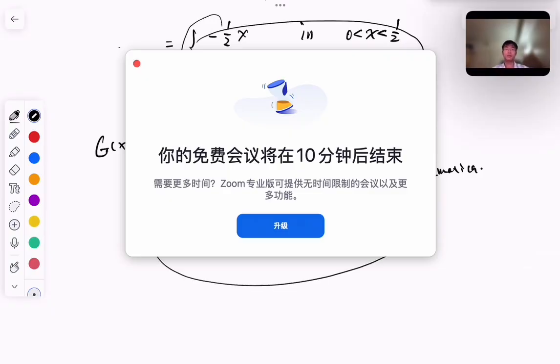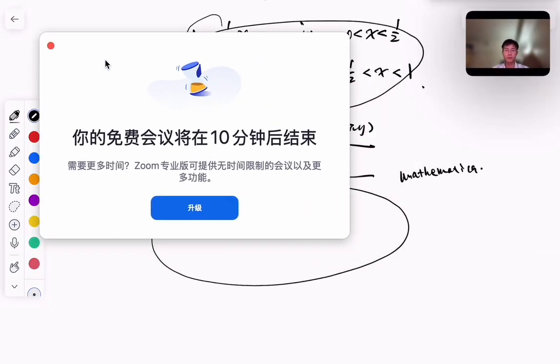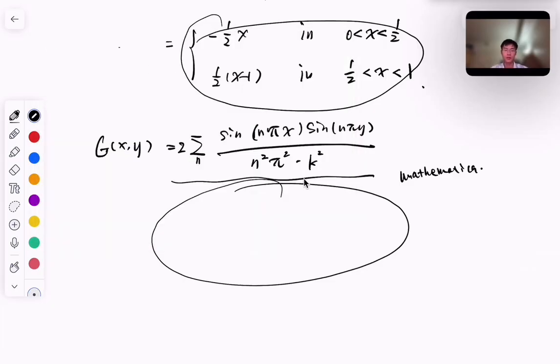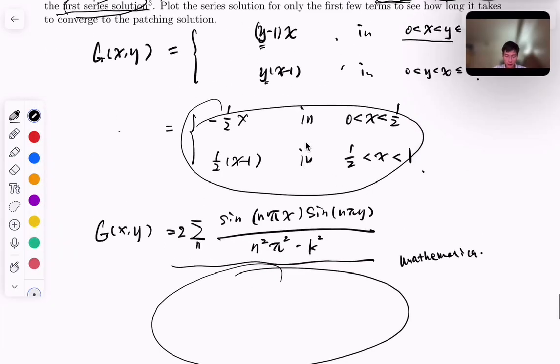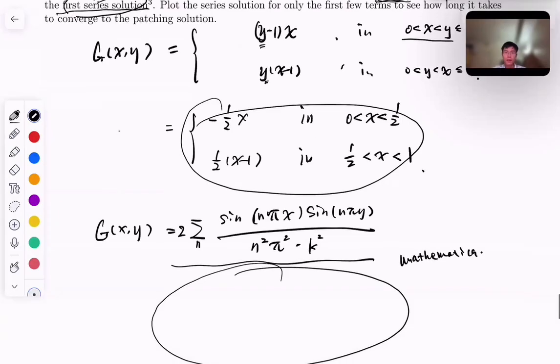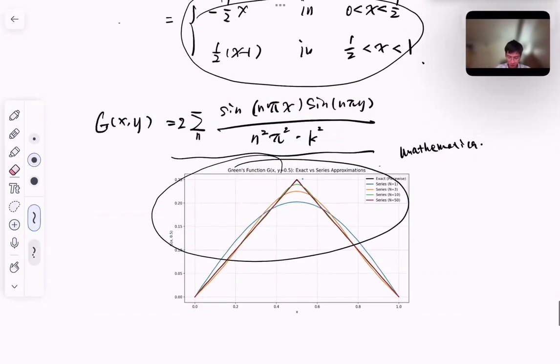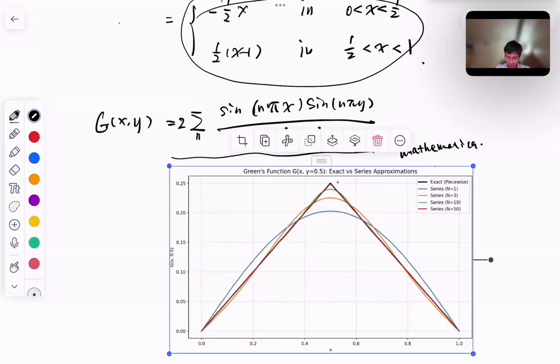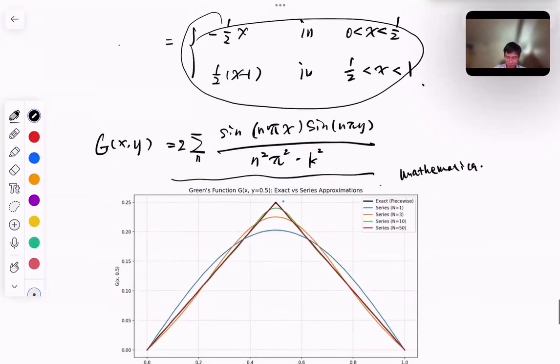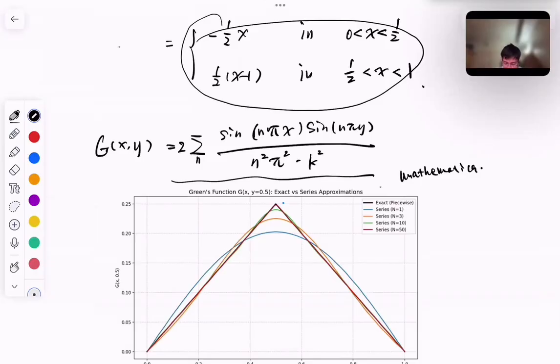We get, sorry for the delays, we get this plot, and the exact result is this one, for x equals 1/2.